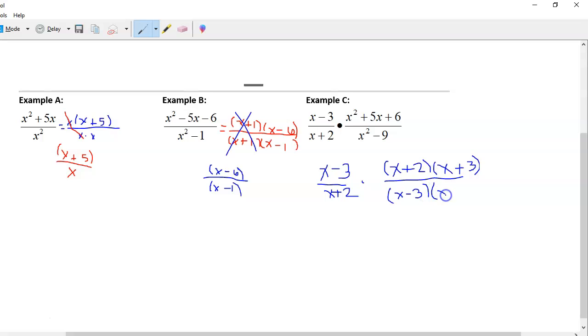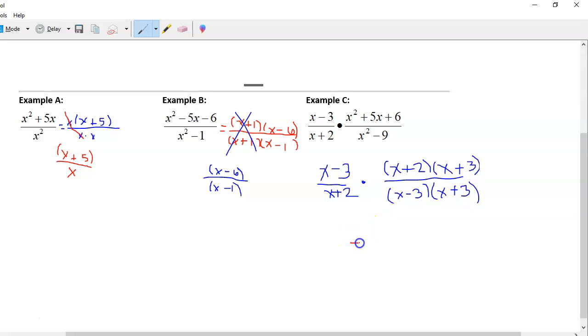Well, I factored everything out. Now my next step is to smush everything together. That's all multiplication of rational expressions is. You factor, then you smush. So I'm going to smush everything in the numerator together as one super huge fraction.